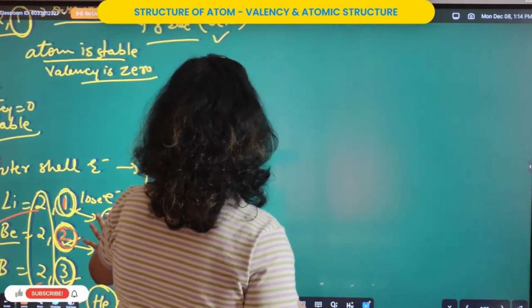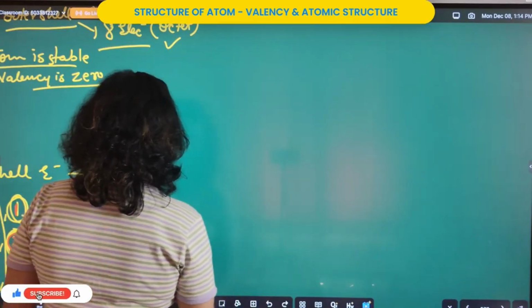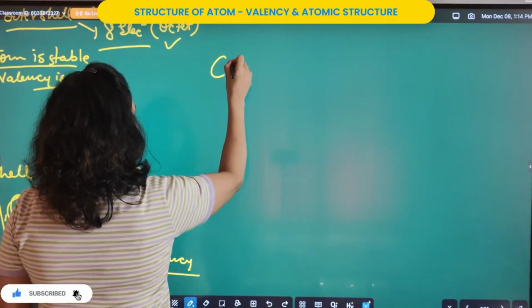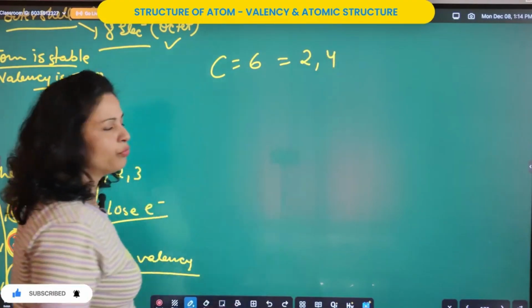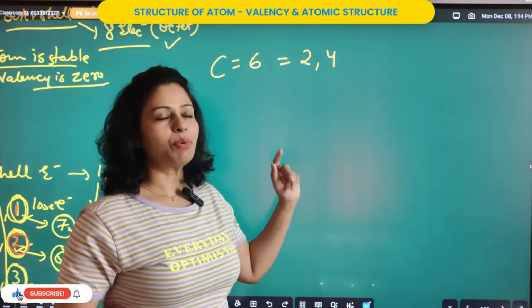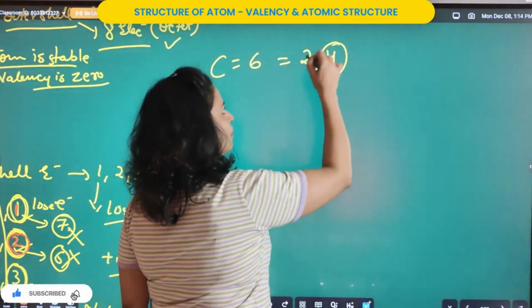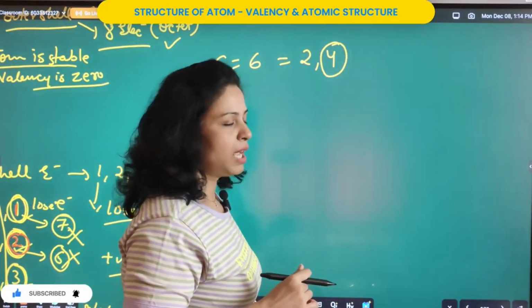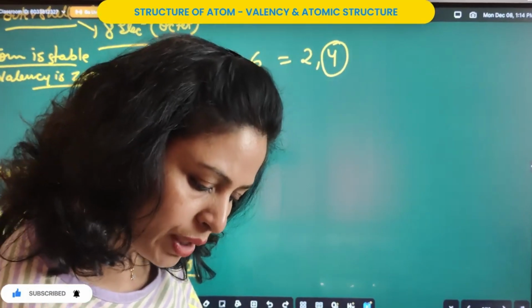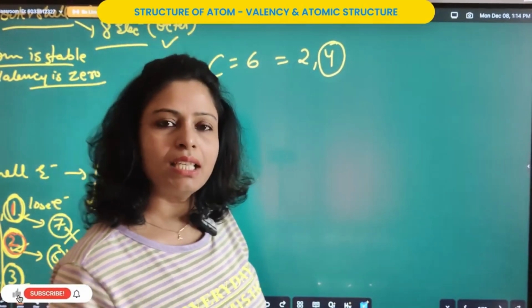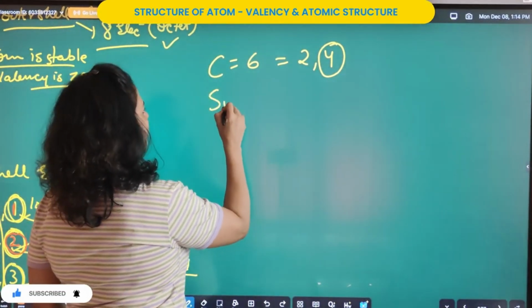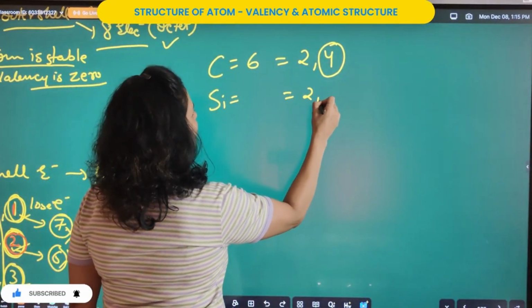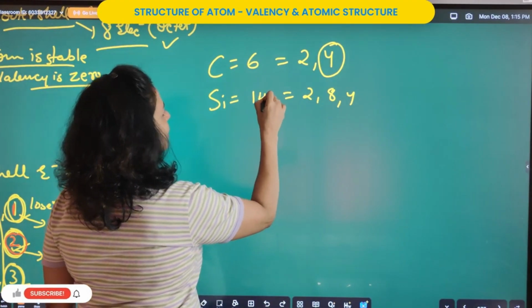Now if you see carbon, atomic number is 6, its electronic configuration will be 2,4. In carbon, there are exceptions where the outermost shell has 4 electrons, and in silicon also, which is 2,8,4, atomic number 14.